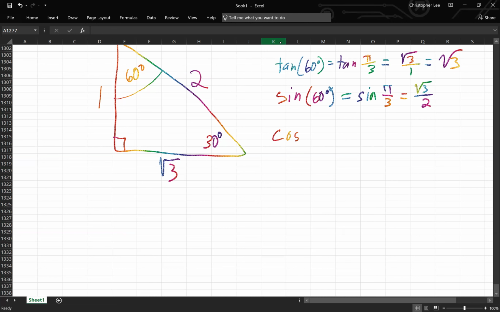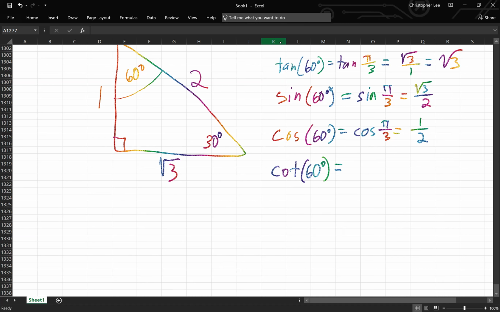Cosine 60 degrees is equal to cosine pi over 3, which is equal to what? Adjacent over hypotenuse. So it's going to be 1 over 2. Cotan 60 degrees.